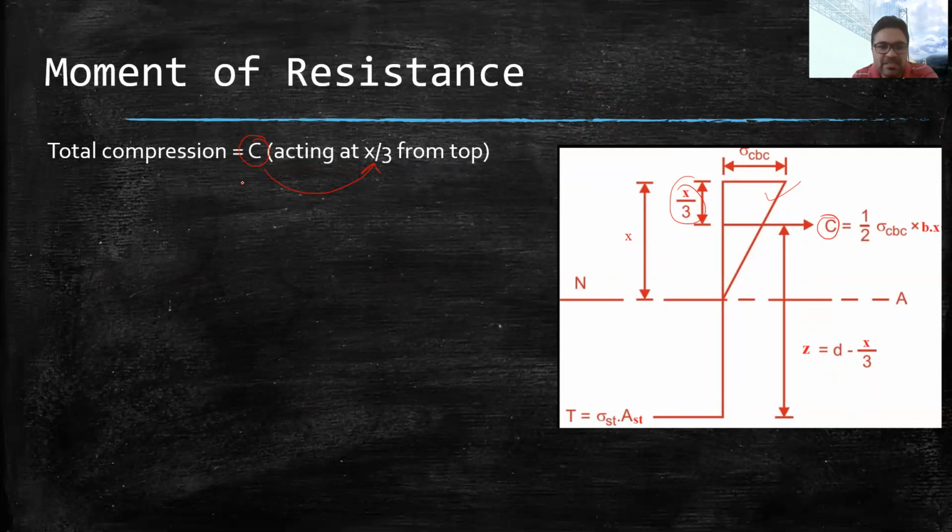Well, C is basically a force, and we know that force is equal to stress into area. Now, what will be the value of stress? So, stress in the concrete. At the top, stress in the concrete is sigma CBC, and at the bottom, stress is 0.